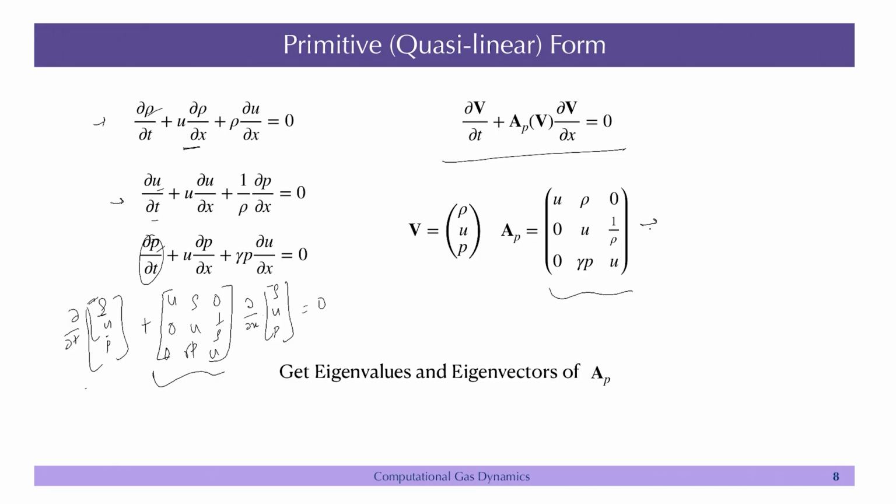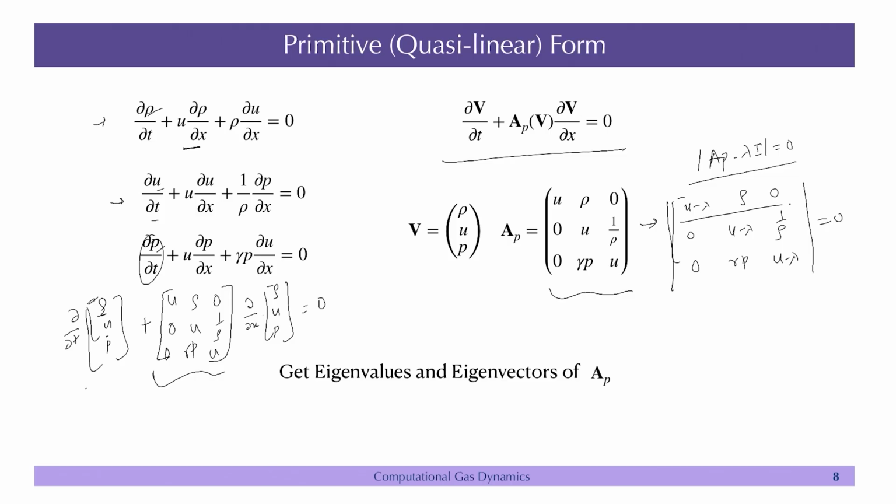To get the eigenvalues of this A_P, you will have A_P minus lambda I equal to 0, right, that is what we want. So, this will become u minus lambda, rho, 0; 0, u minus lambda, 1 by rho; and 0, gamma p, u minus lambda. Okay, the determinant of this should go to 0, right.